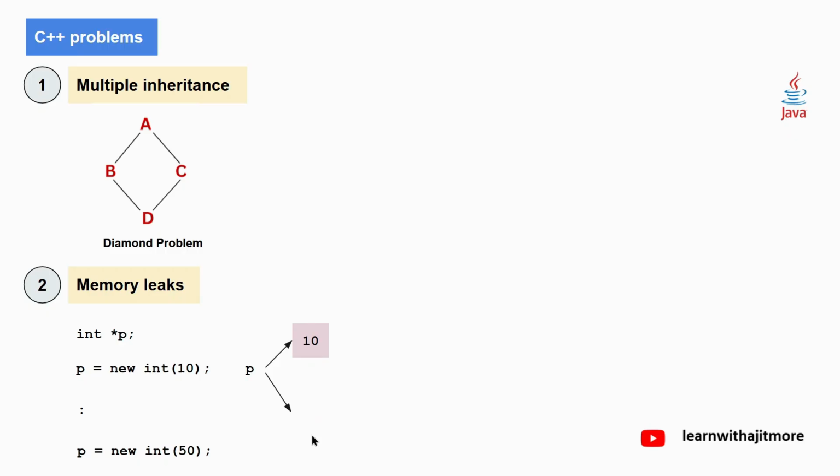But after some time when you allocate 50, its address will come and the previous address is lost. At the moment the previous address is lost, we say this memory is a memory leak. Not freed, not accessible. You're not able to access it and you have not freed it. Means you are not using it yourself, and you are not giving it to anyone else to use either.